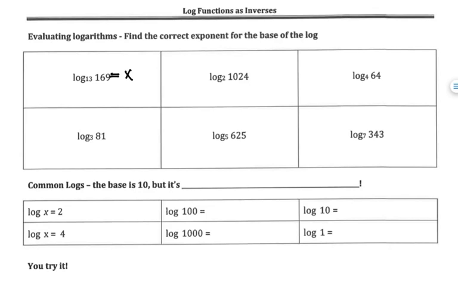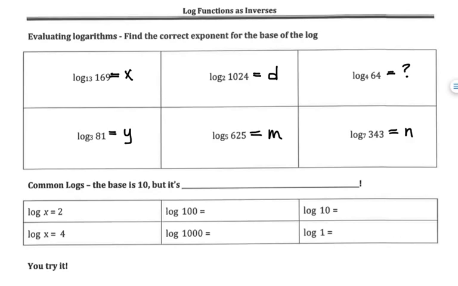So I'm going to put equals x. It could be any letter you want it to be. You could even put a question mark if you want to. The whole point is we're trying to figure out what these are equal to, and we don't know what they are. So we're going to use our inverse log roll to help us find out what they are.